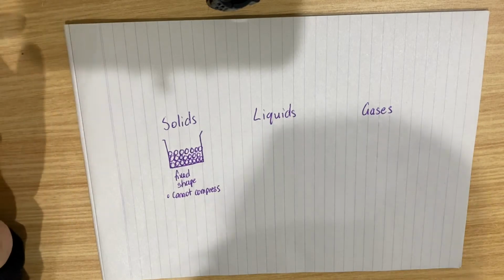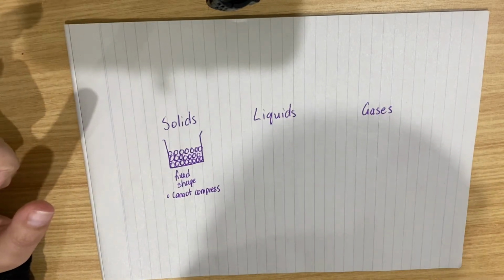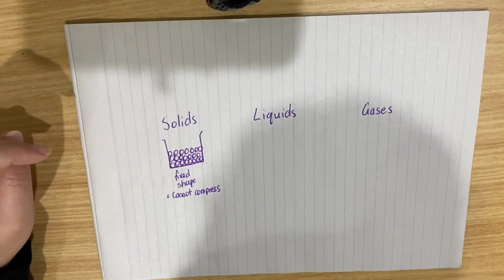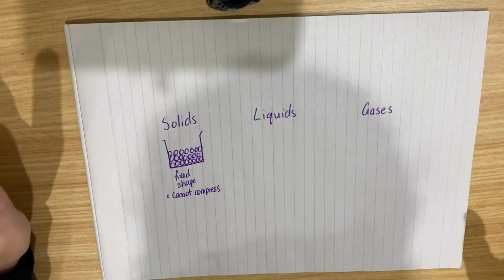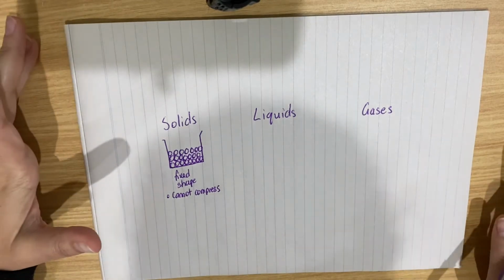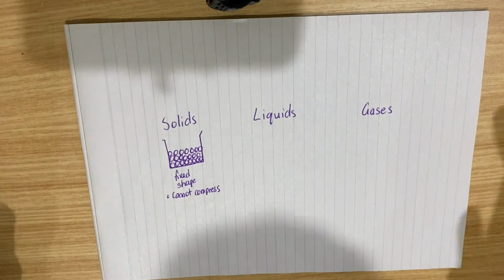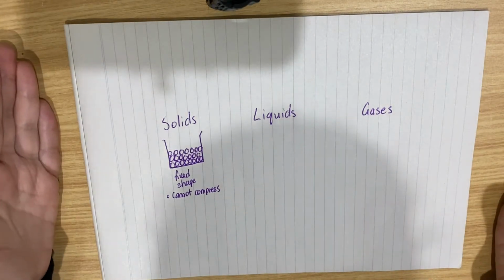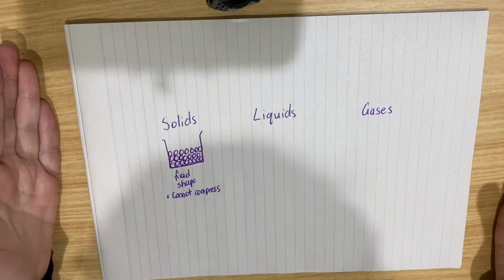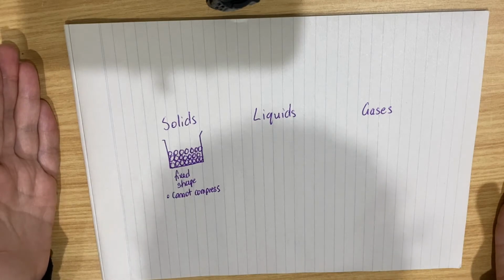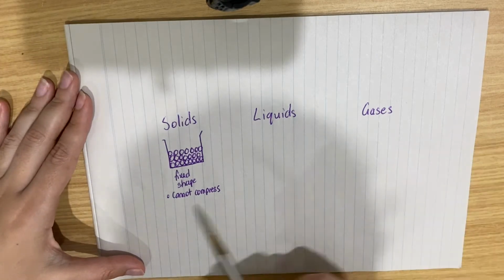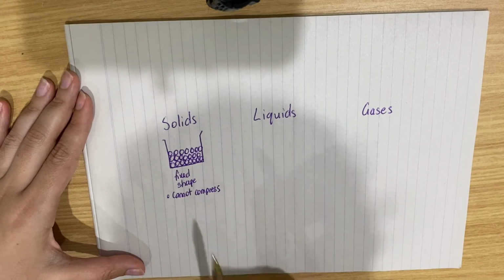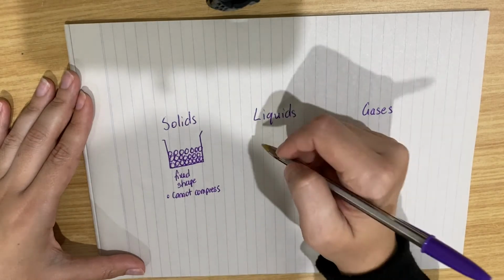I'll get you to pause this video at some point, and all I want you to do for this lesson is to draw this in your book. Get your book out, have it in landscape like I do, and copy down the notes. So we have solids: they have very tight particles, they have a fixed shape, and they cannot be compressed.